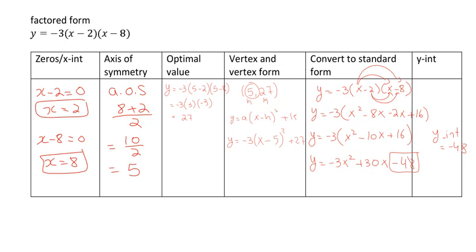So look at this. I started with the factored form. I found my zeros. I found the axis of symmetry. I found the optimal value. I found the vertex form. I found the standard form. I found the y-intercept. That's everything we learned in the past 2 units, guys.